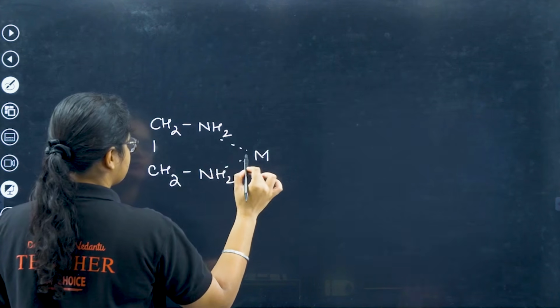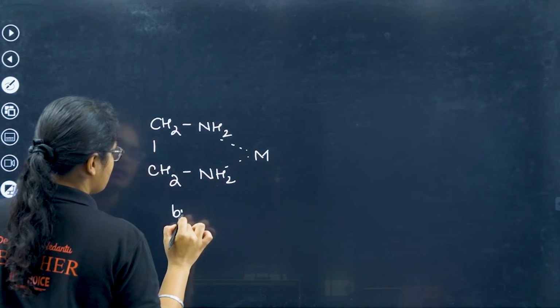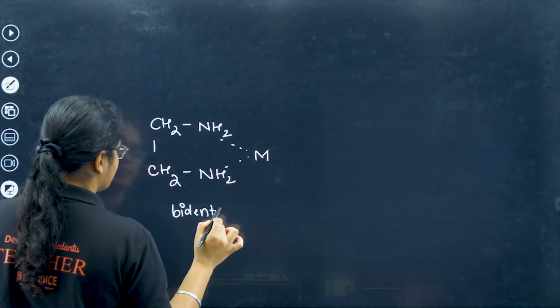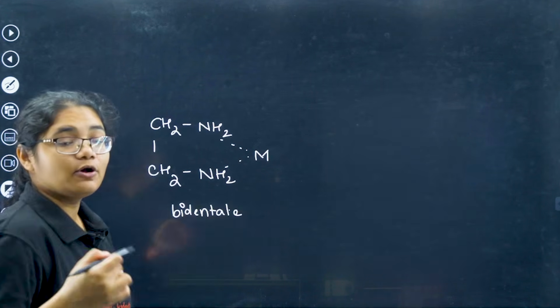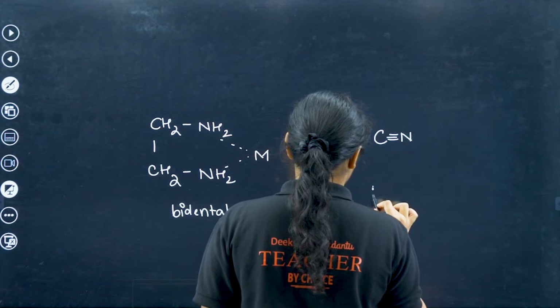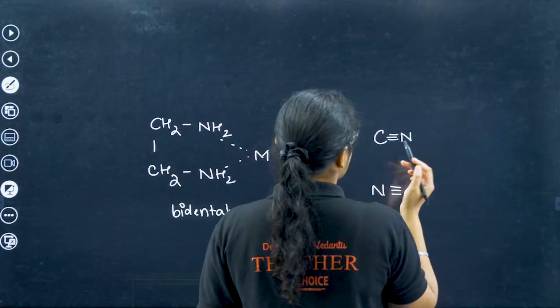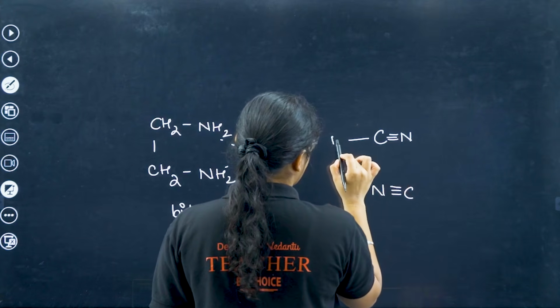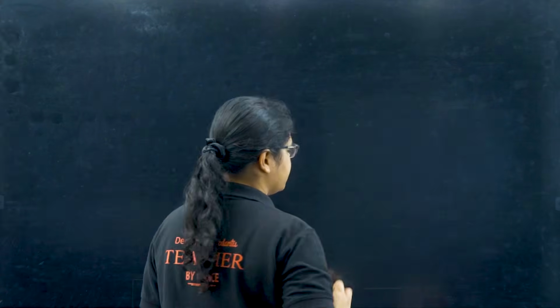So this N forms a bond, this N forms a bond, so this is a bidentate ligand. Now there can also be an ambidentate ligand. So I have CN, okay, CN can form a bond with the metal, or NC can form a bond with the metal.